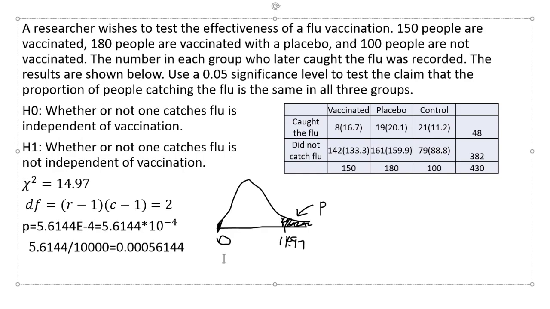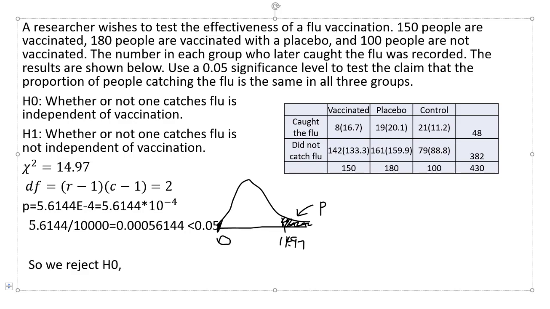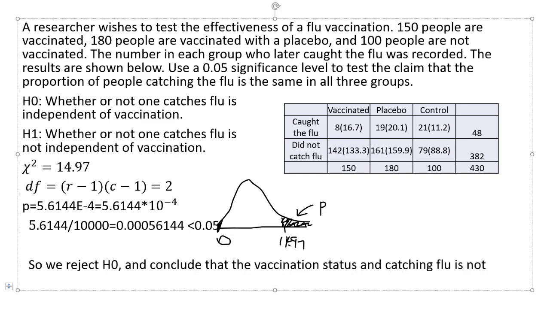That's definitely less than the significance value, right? The significance value is 0.05, and therefore we can say that we reject H0 and conclude that vaccination status and catching flu is not independent, which is to say that the vaccination has some influence.